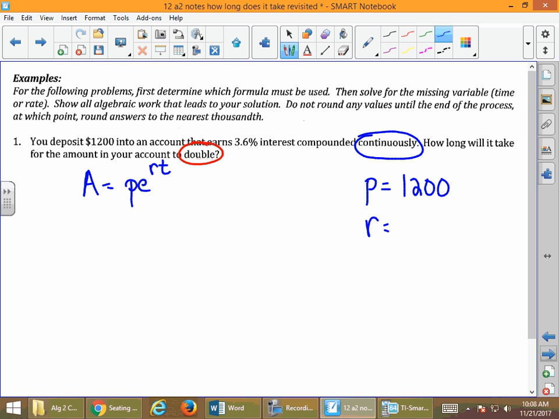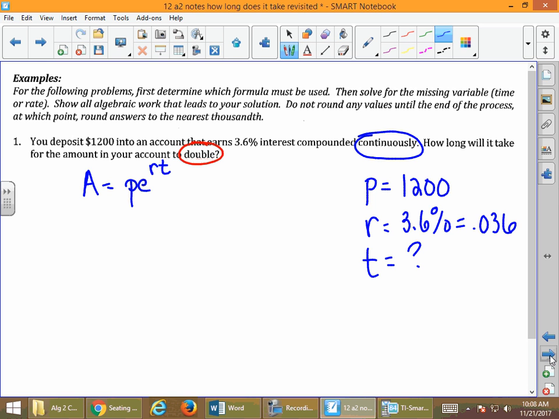That's our rate, which is 3.6%. How do we write 3.6% as a decimal? 0.036. And it says, how long will it take? So we don't know time in this problem. That's what we're going to try to find.